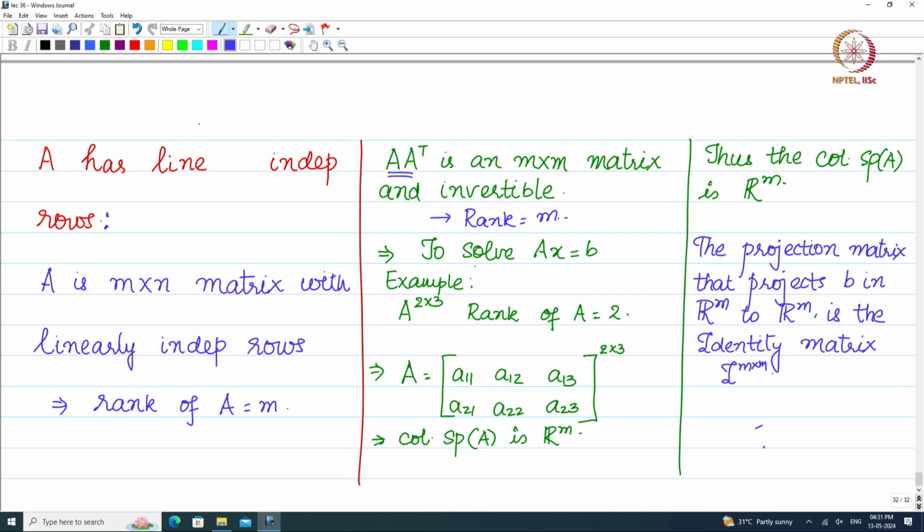So, what we are going to say is A transpose is invertible, therefore, we are going to talk about the pseudo inverse of this matrix. So, the pseudo inverse of this matrix is basically given by the following.